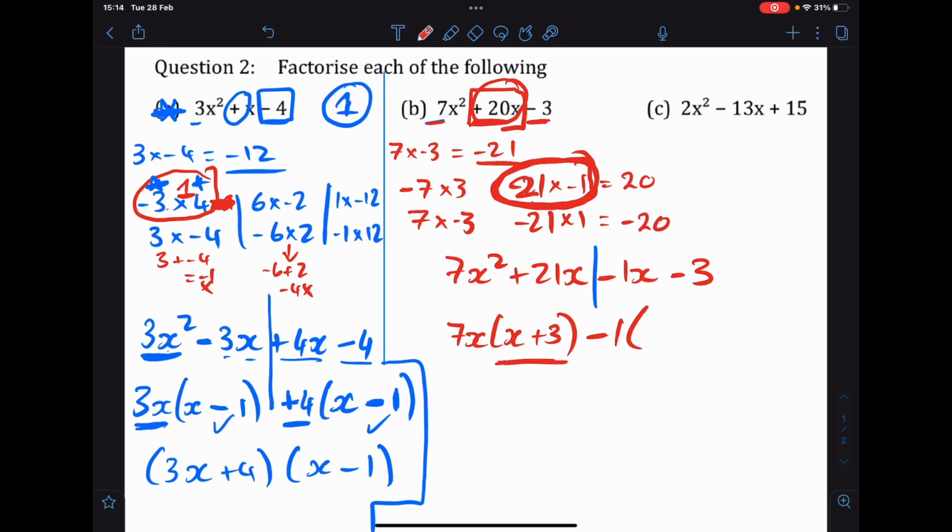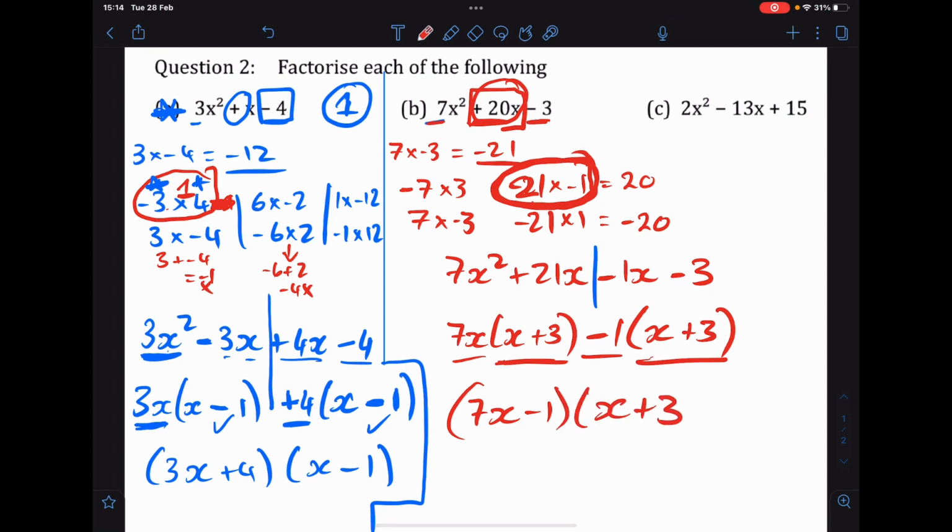So, what do I multiply minus 1 by to get minus 1x? That's x. What do I multiply minus 1 by to get minus 3? That's positive 3. Okay, so these two brackets are the same. So my first bracket is going to be 7x minus 1. And then my second bracket is going to be x plus 3.